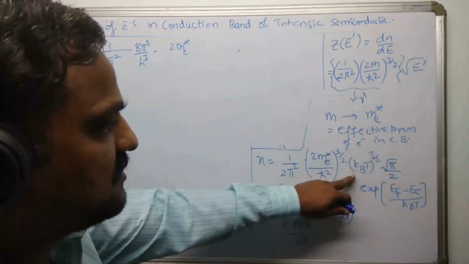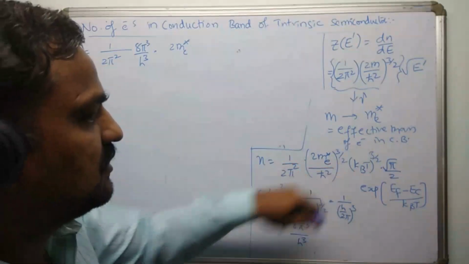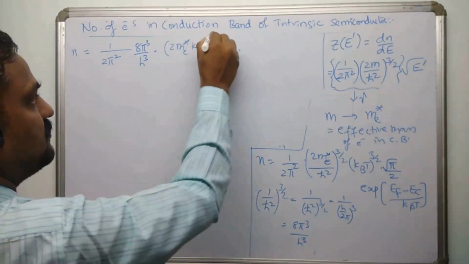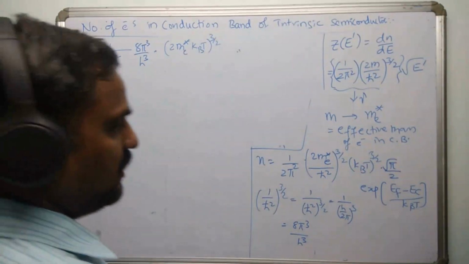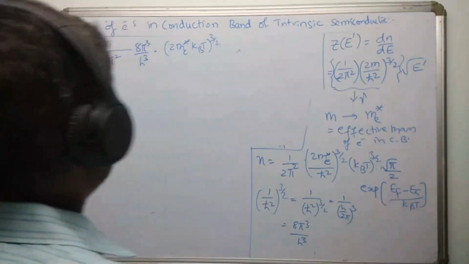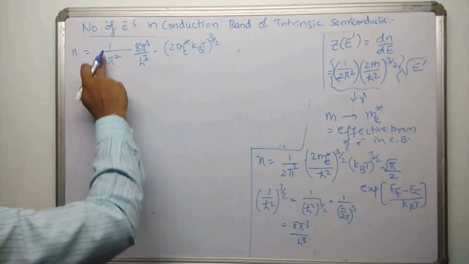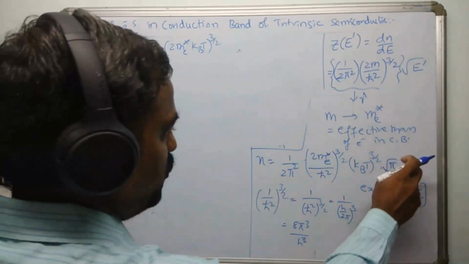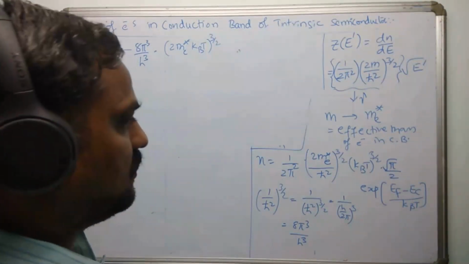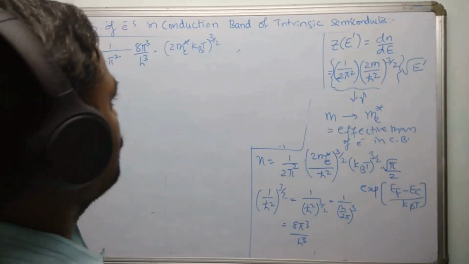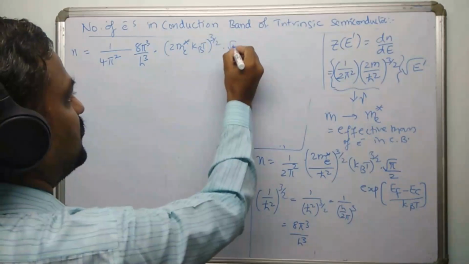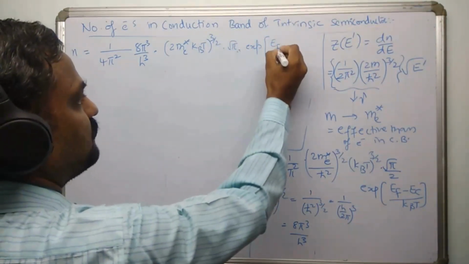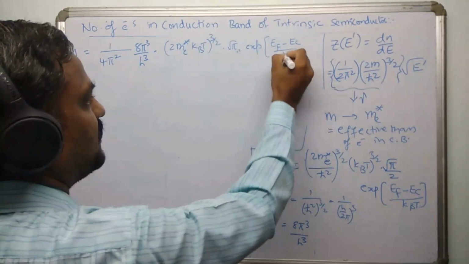I'll make a manipulation: this kBT is also power 3 by 2, so I'll pull everything inside, kBT whole power 3 by 2. And I have another 2 here, so I can write the 2 in place of this, and it will become 4. I have a root pi here, and that root pi I'll write separately into exponential of (EF minus EC) divided by kBT.